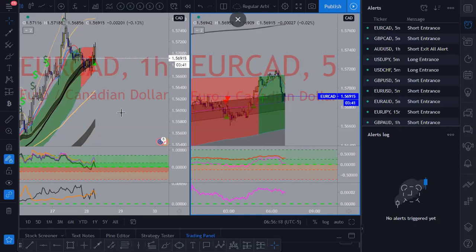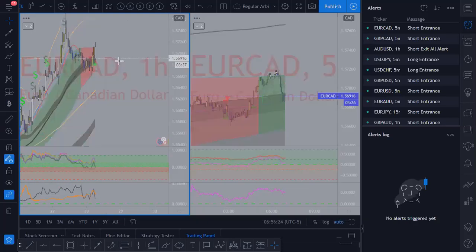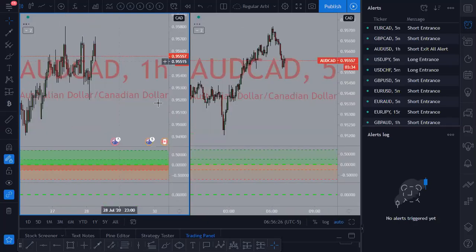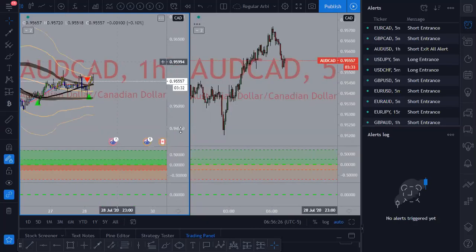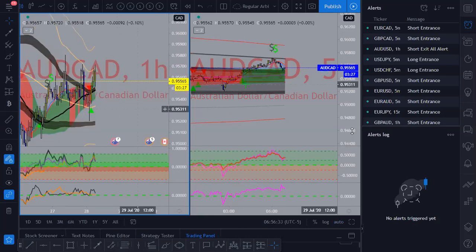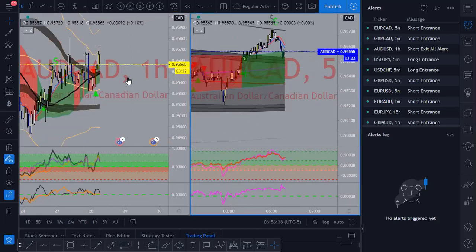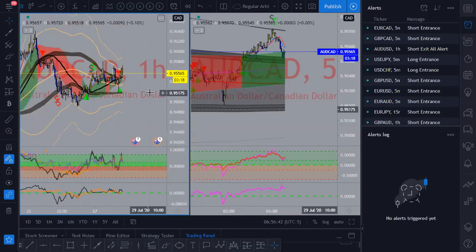AUDCAD, sure. I think it kind of is gonna do the same thing as AUDUSD and drop. Yep. Oh, well, not quite yet. I don't like how the RSI lines look, but regardless, same thing, you guys. I need to get a better viewing of this because it does look like it's on a downtrend.